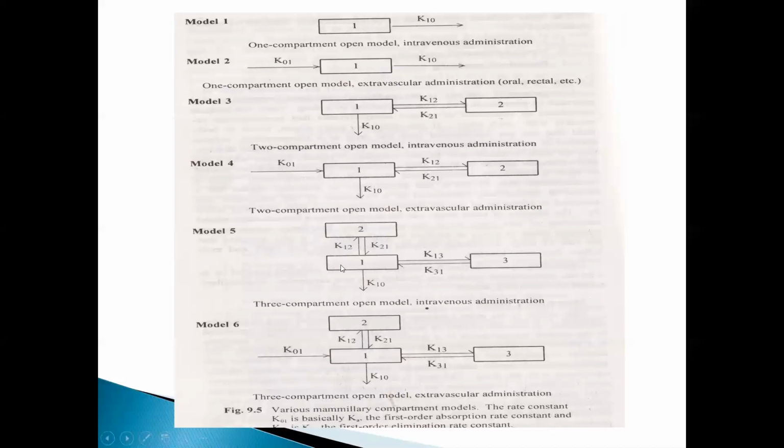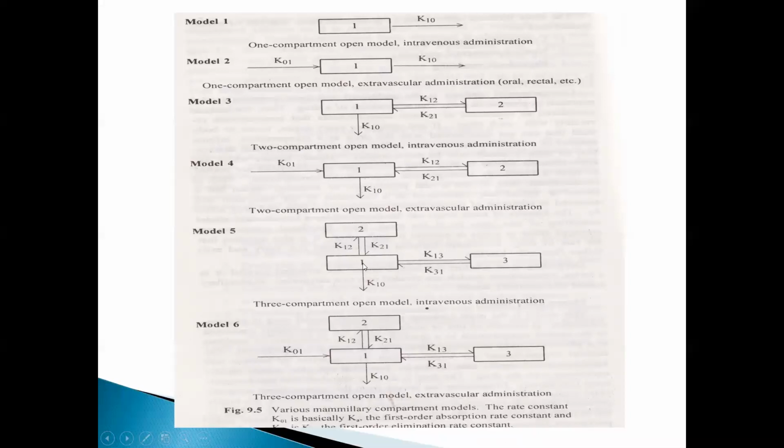So you can see in IV administration, there is no absorption phase. There is only distribution as well as elimination phase. So movement of drug from compartment 1 to 3 is given by the first order distribution rate constant K13, and from 3 to 1 is given by K31.